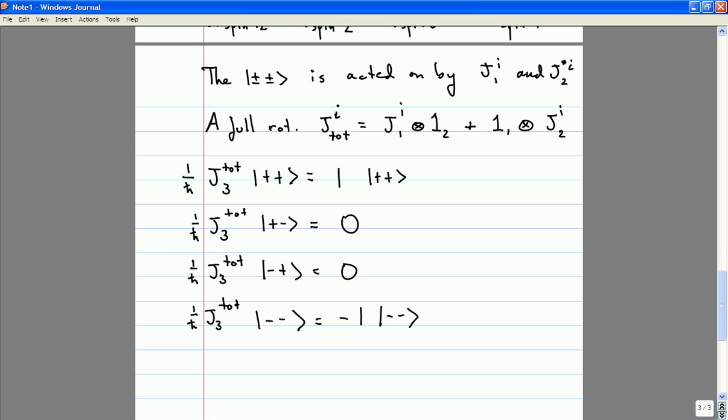Well, the direct sum of the spin 1 and spin 0 system is the span of the 4 elements: 0, 0, which is the state with no spin, along with the 3 states in the spin 1 system.